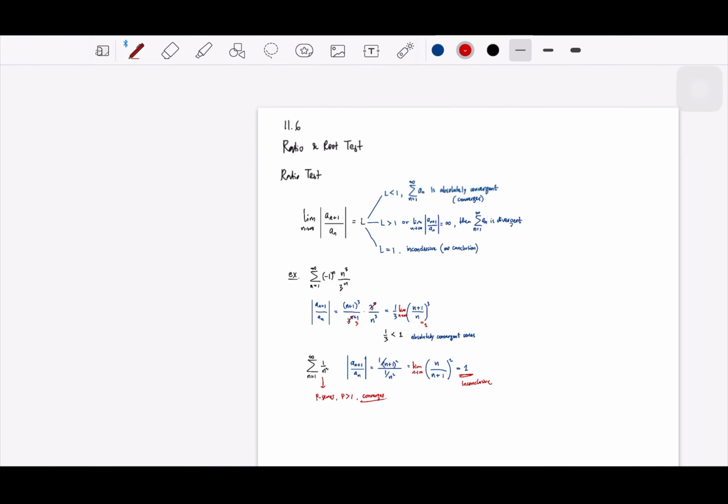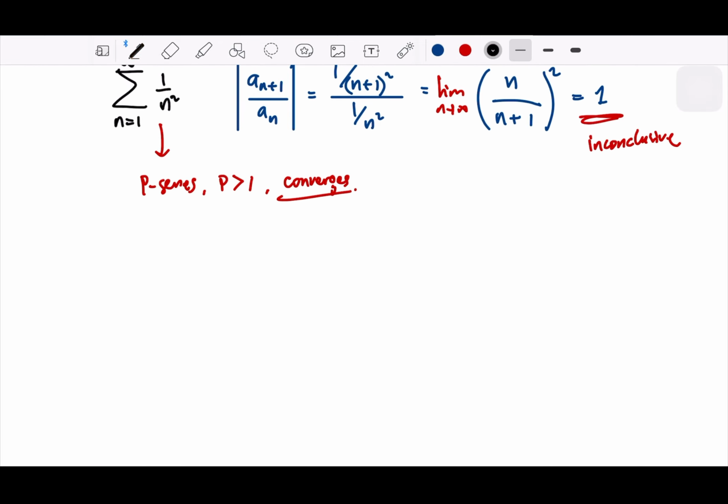Another test that is similar to the ratio test is called the root test.